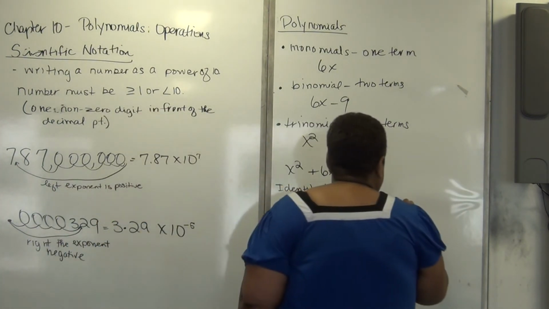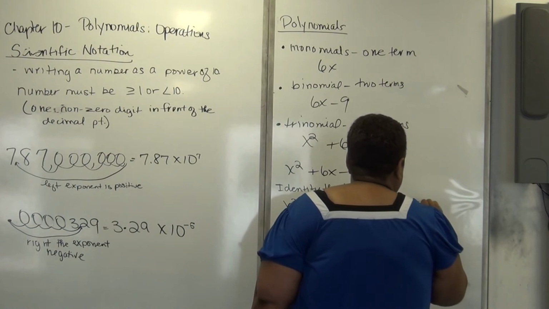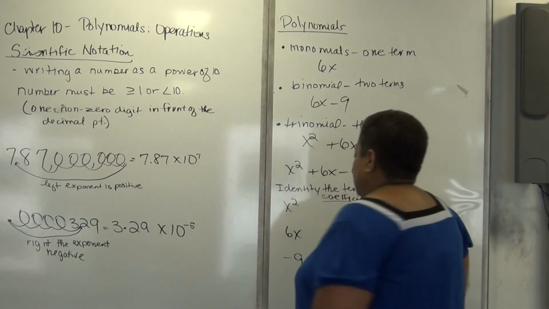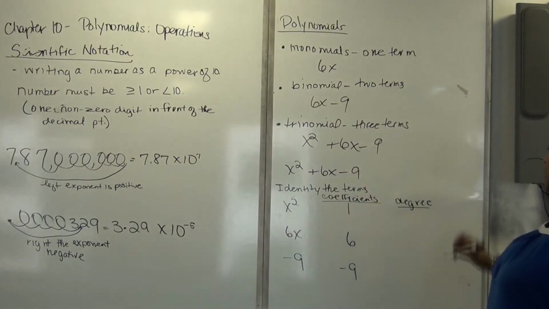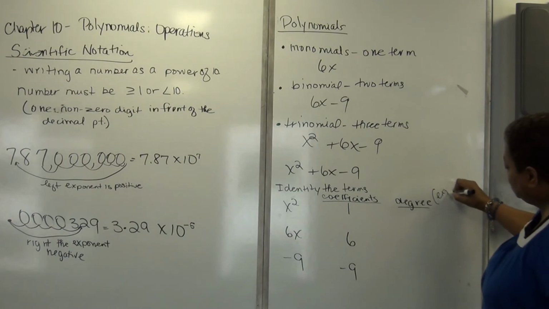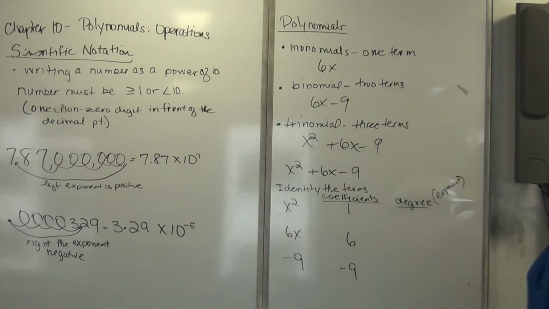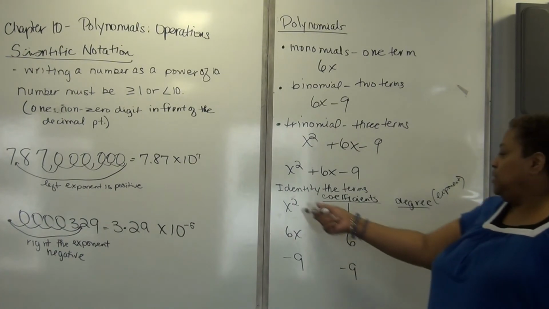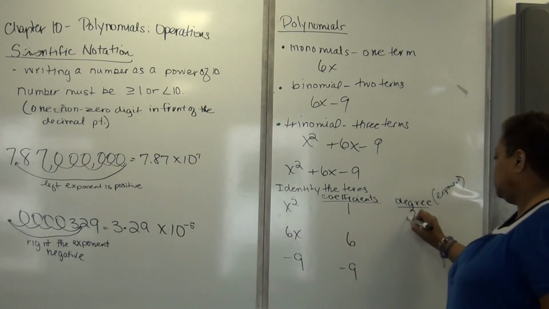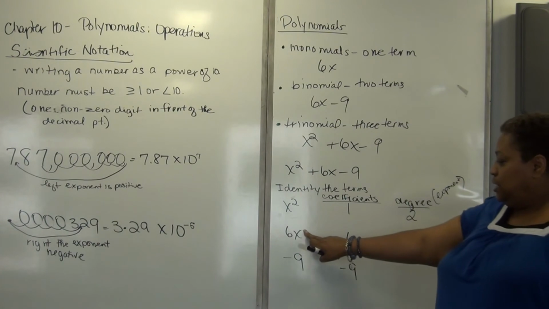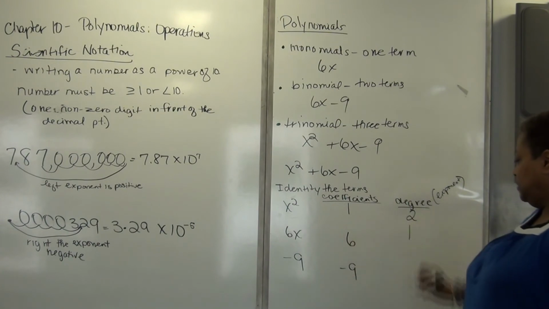Now I'm going to ask you the degree. The degree has to do with the exponent. What is the exponent on each term? This one is 2. When you don't see it, it's 1.